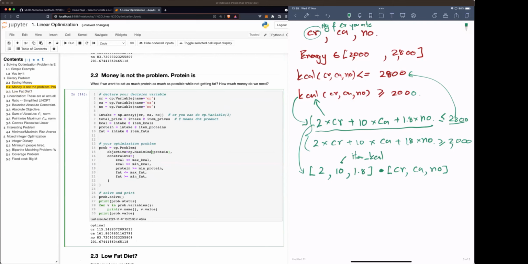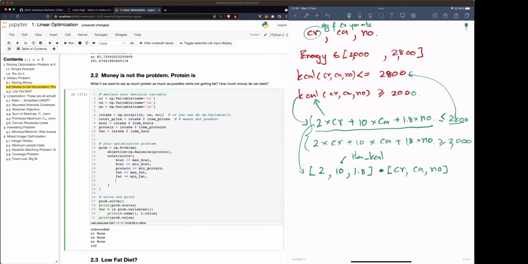I probably overwrote some variable. Oh, now I know why it's unbounded. Sorry about that.